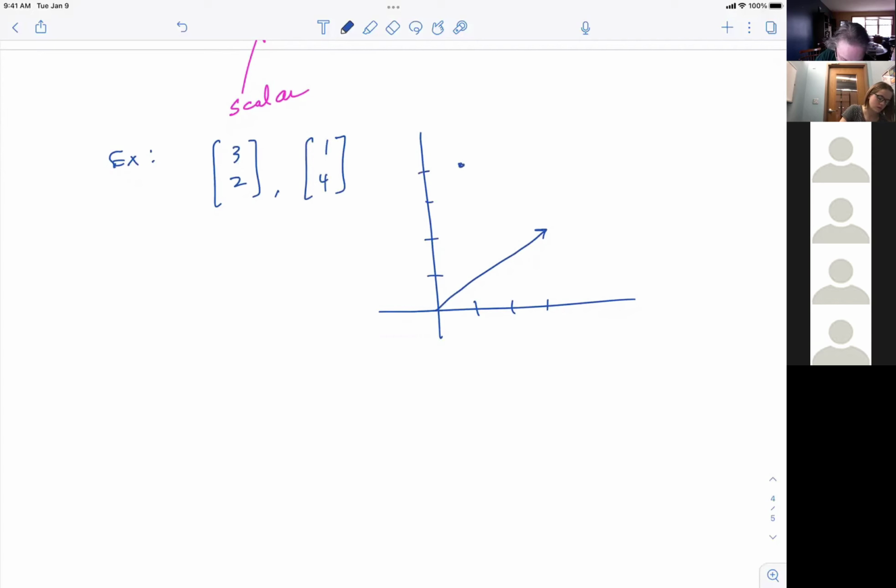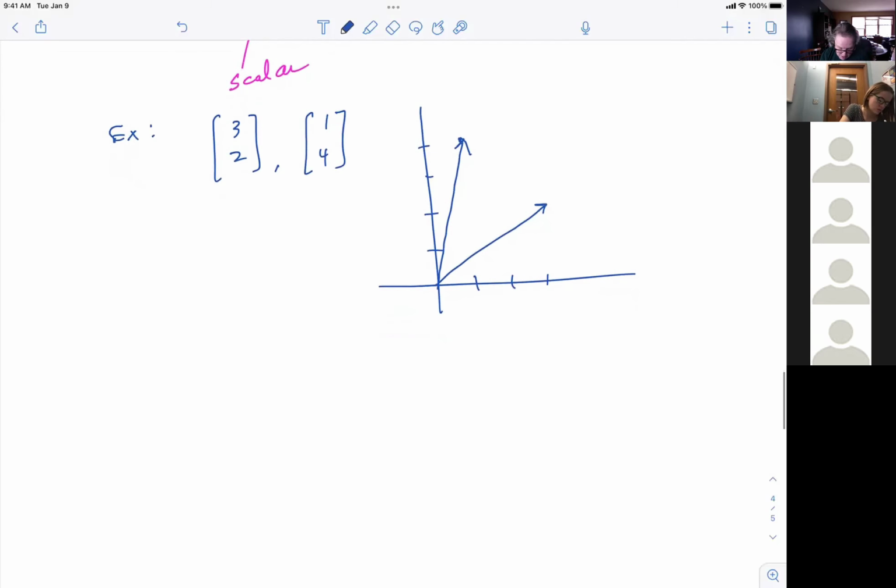My drawing's not the best, so bear with me. This is the vector (3, 2), this is the vector (1, 4), and that's what they look like.